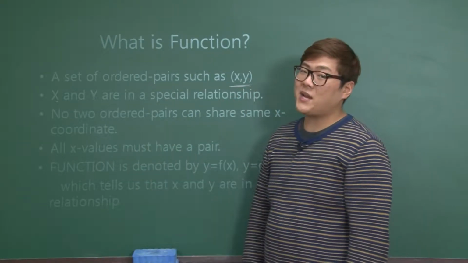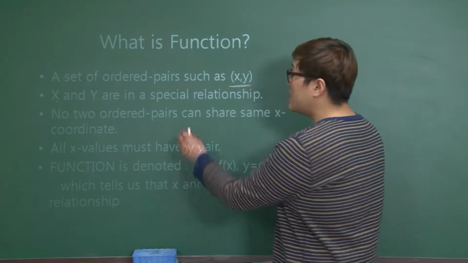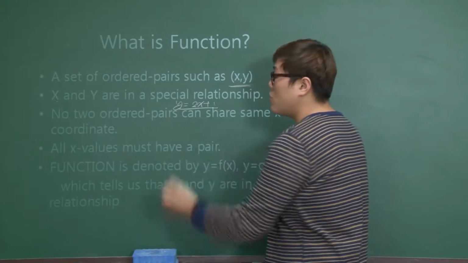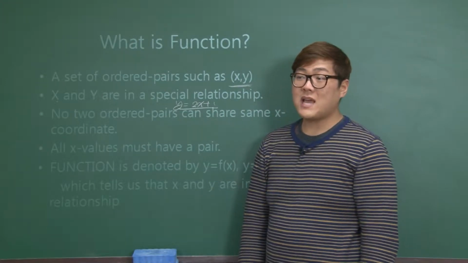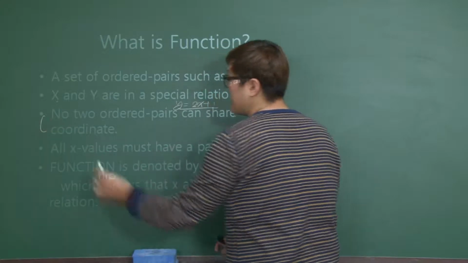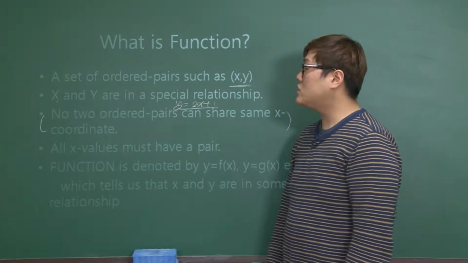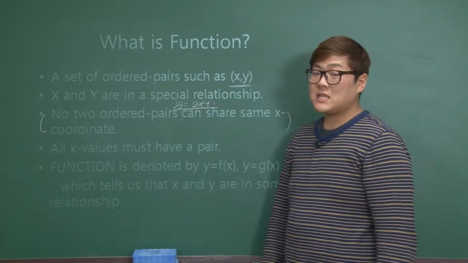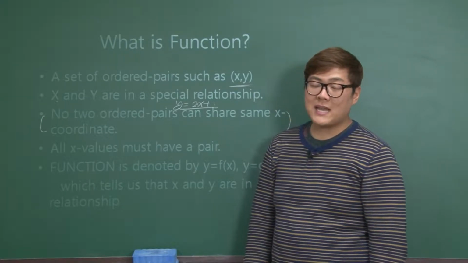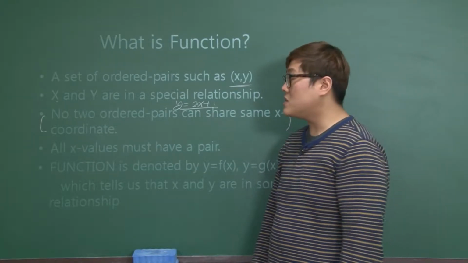And x and y are in a special relationship, like y is 2 times x plus 1, so 1 more than twice x. And this is really important, one of the most important things: no two ordered pairs can share the same x-coordinate. Like I said, no x value can have two y values.